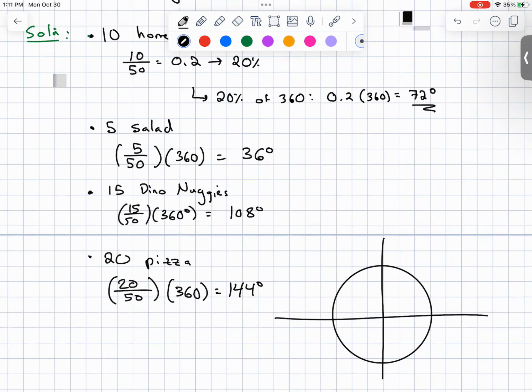And each quadrant has 90 degrees. So usually we'll start, so this will be 0 degrees, this will be 90 degrees, then this will be 180 degrees. This will be 270 degrees, and then that's also 360 degrees when you get all the way back to the top. So it starts off at 0, and then it goes all the way down until you get to the end, and then it's 360 degrees once you finish it.